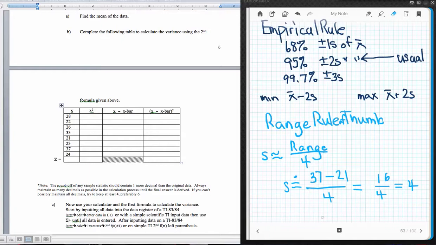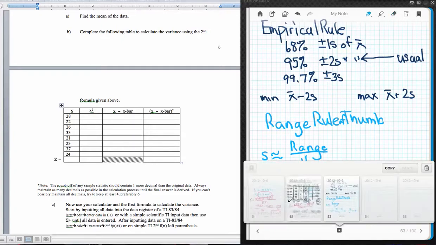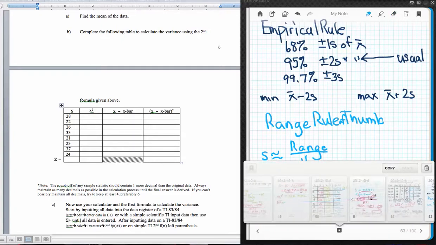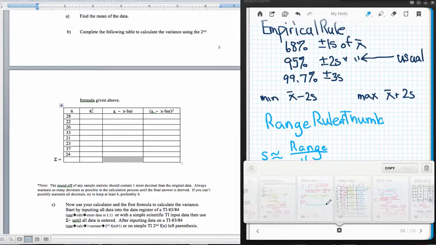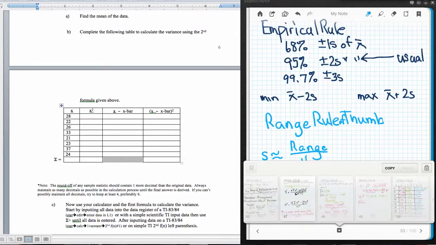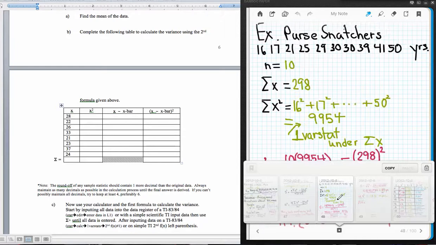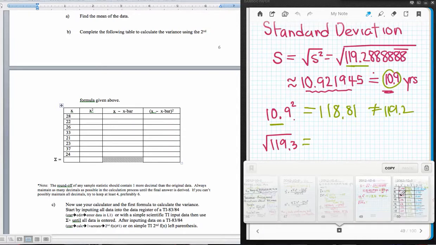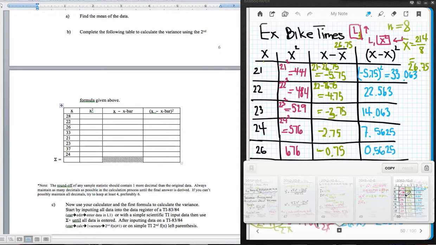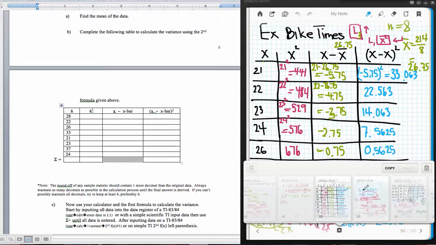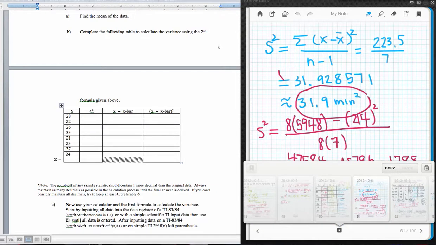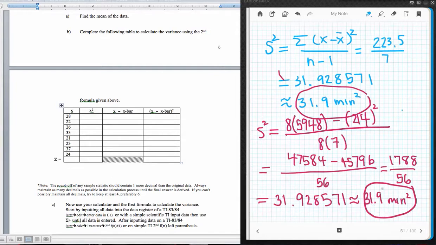And let's go back and see what we actually got when we calculated that. I don't remember. Here were the bike racing times, and we used both the defining and computational formulas, and we got 31.9 minutes for the variance.